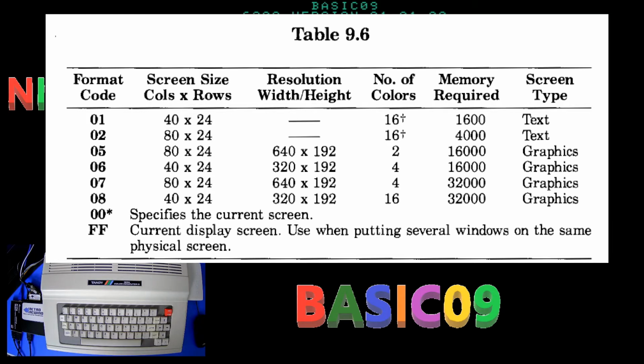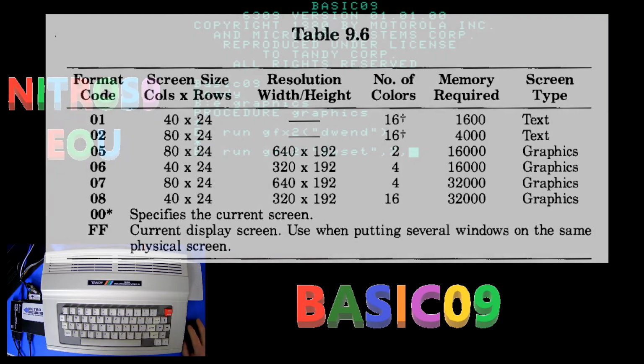Now the way that the graphics screen works is that the 0, 0 coordinate is in the top left-hand corner, and X goes along the top of the screen, so there's 640 points across the top of the screen and 192 down along the side. And you can have up to 4 colors on the screen at once, and then you can see the memory requirements and the screen type there.